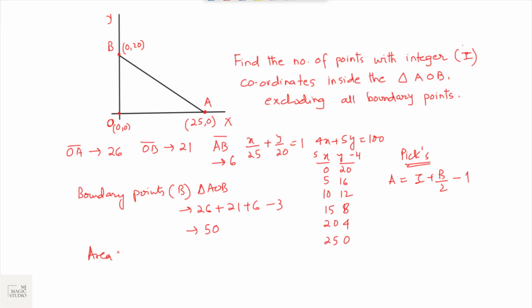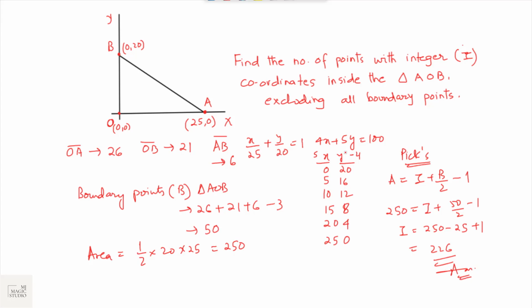Now, the area of this triangle AOB would be half into base into height, because it is just a right angle triangle, which would be 250 square units. So we have 250 equals I plus 50 by 2 minus 1. So I equals 250 minus 25, that is 225, plus 1, that is 226.